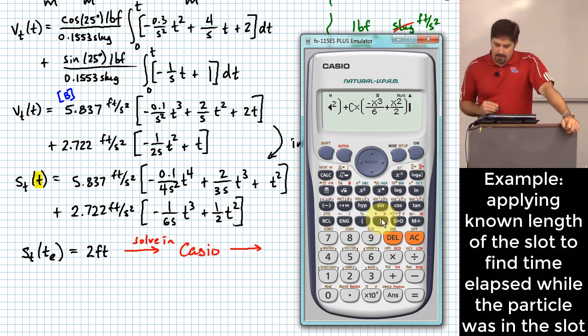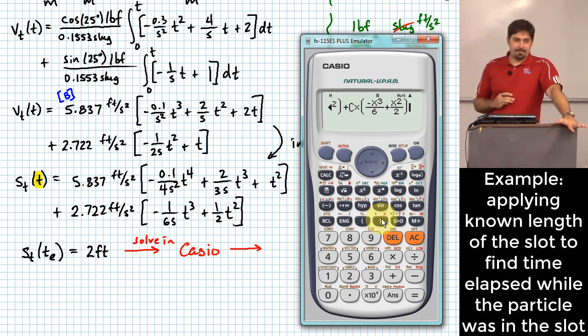Remember, this is an equation that I'm writing right here, and I'm trying to find x.